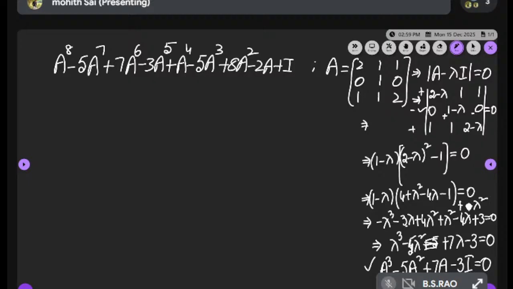Now the only simple thing is we are going to get that matrix polynomial just by dividing it.